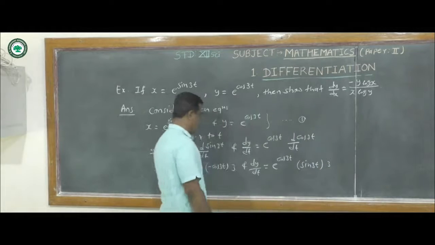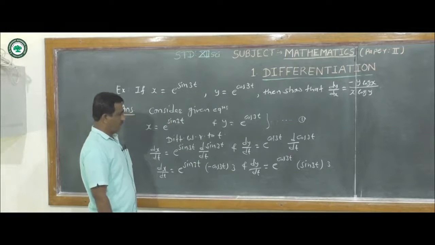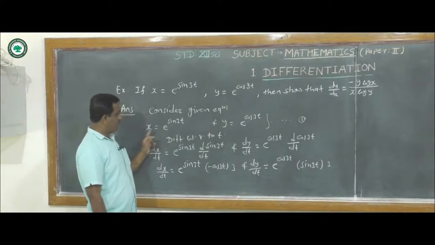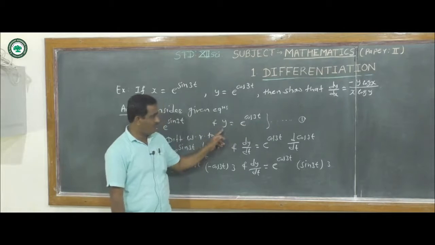Now we can put the values of x and y here. From equation first, e raised to sin 3t equal to x and e raised to cos 3t equal to y.